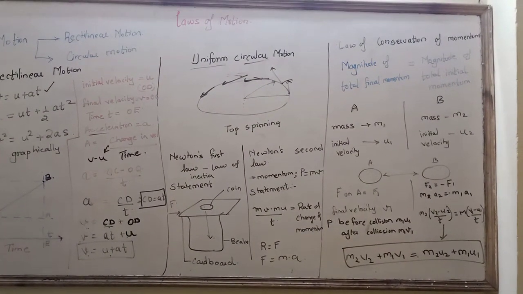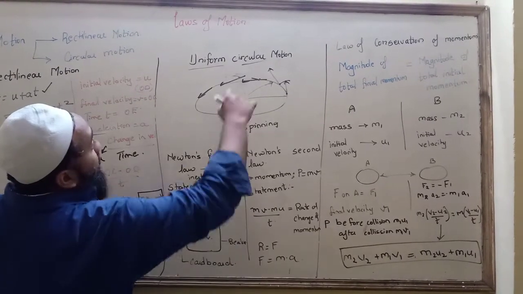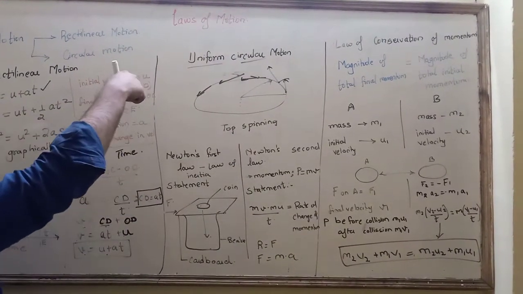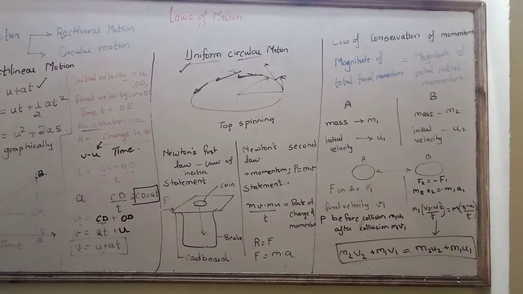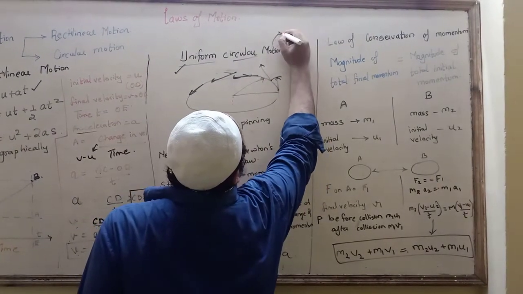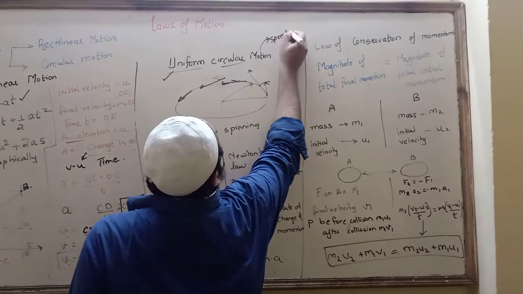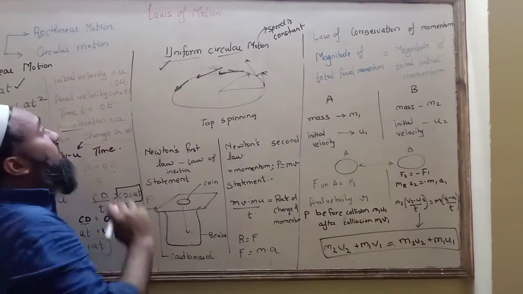The speed will be same, but direction changes. So circular motion in which the speed is constant is known as uniform circular motion. Again repeating it, circular motion in which speed is constant is uniform circular motion.